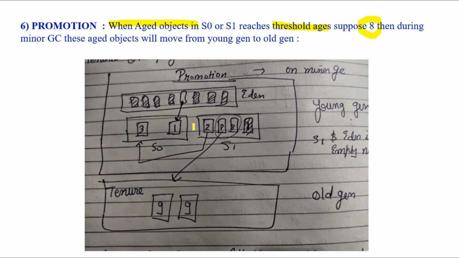Objects from Eden go to whichever survivor space is empty, and objects are also moved from the other survivor space which has some objects and is not empty. So you understand that after minor garbage collection, your Eden space will always be empty and one of the survivor spaces will always be empty.